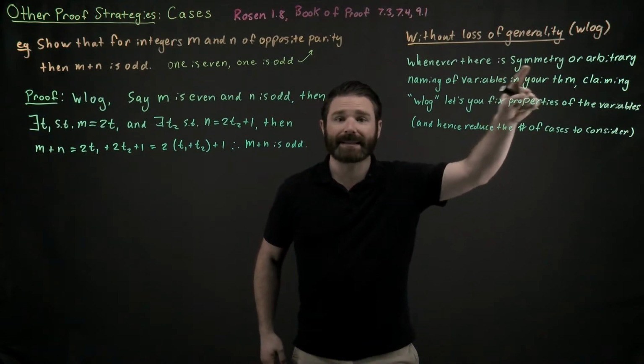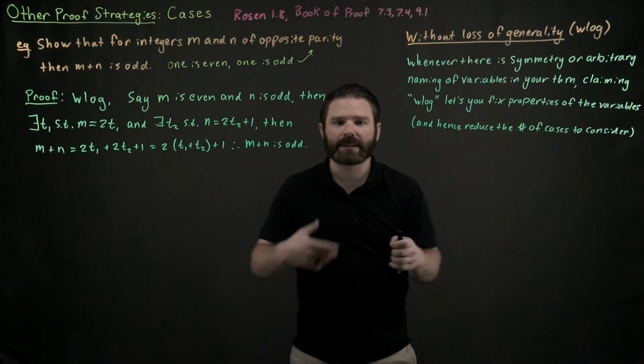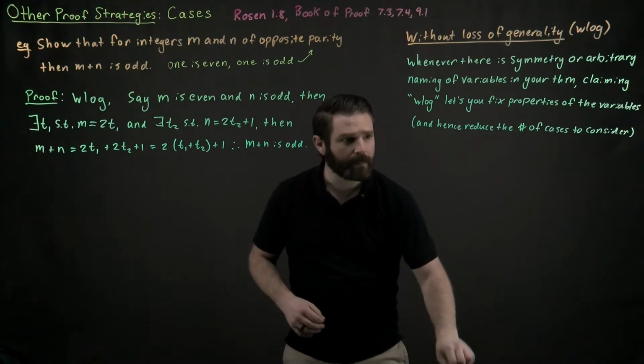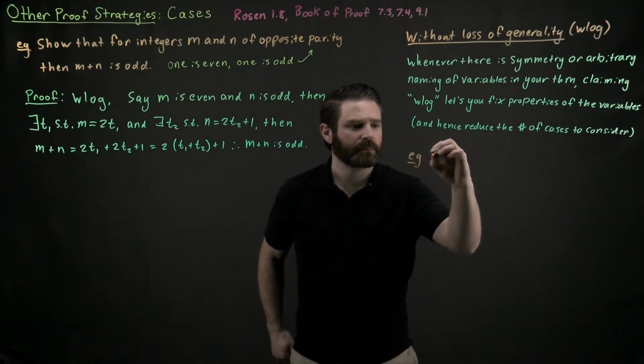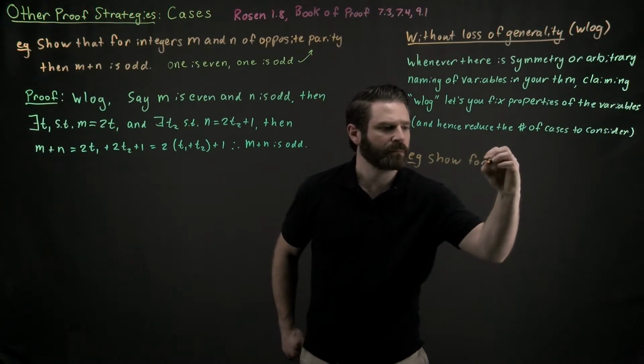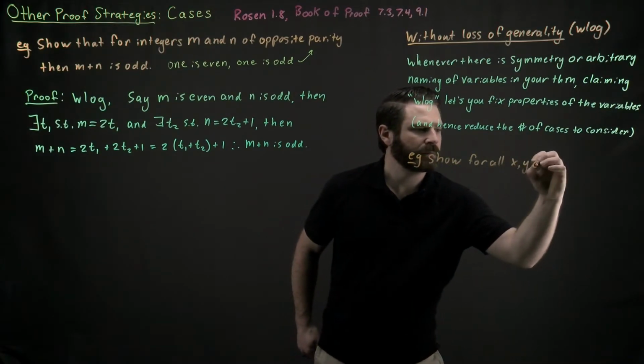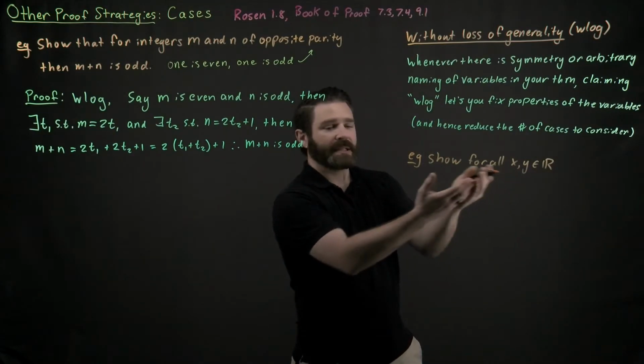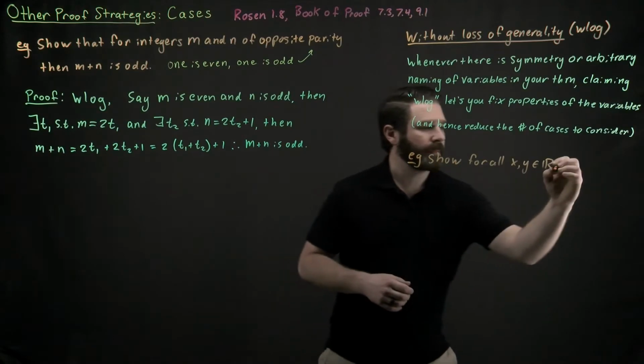Because remember when I said symmetry over here? So let's look at another example where we could use without loss of generality. Let's say that we're considering variables x and y that are real numbers.